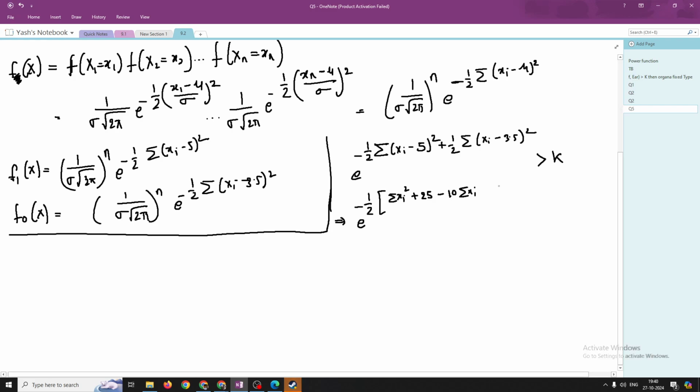So here minus summation xi square should come, and minus 3.5 squared, what is that? Just a sec. 3.5 times 3.5, 12.25. Thank you. 12.25 plus, okay. And this is 7 times summation xi, right?